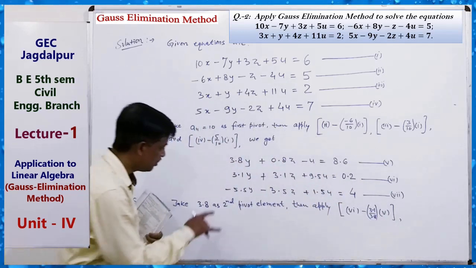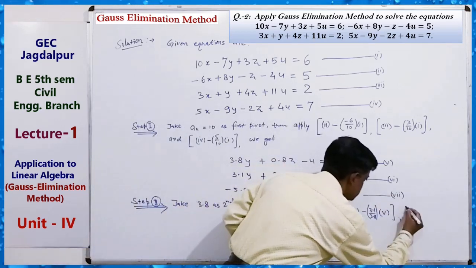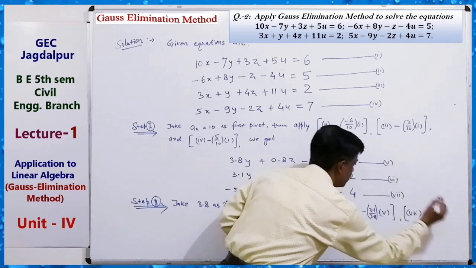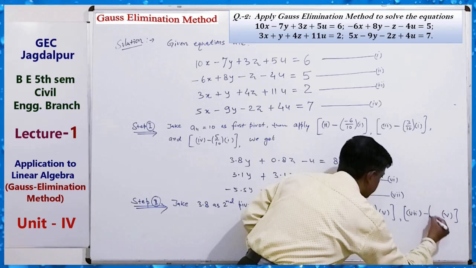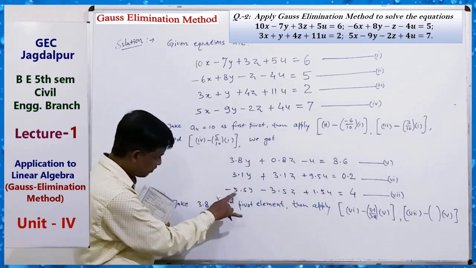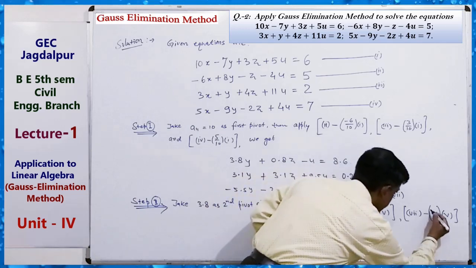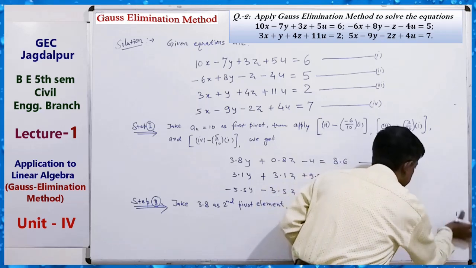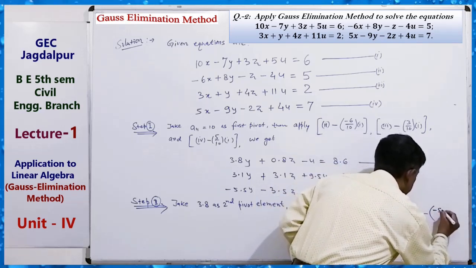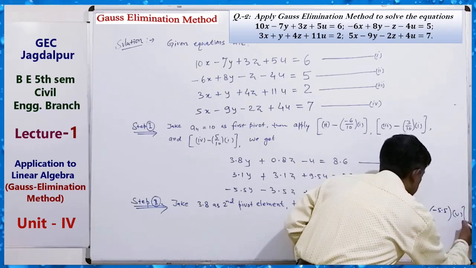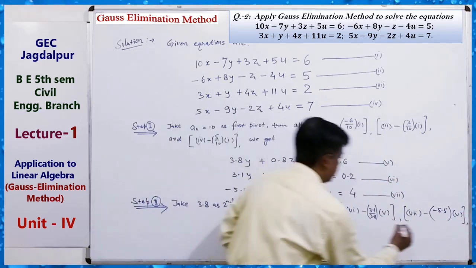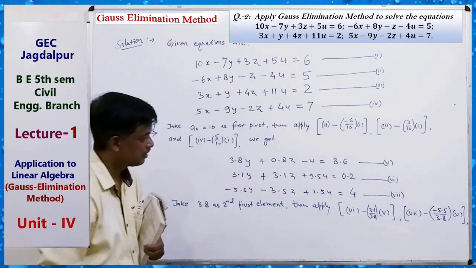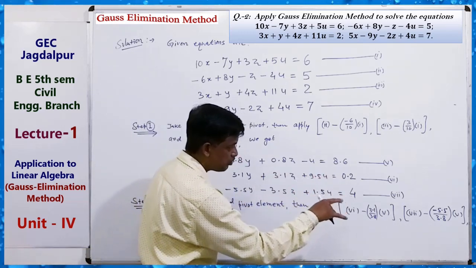Now for equation 7, minus equation 5 multiplied by which? Minus 5.5 by 3.8. Just you have to calculate it. Minus 5.5 by 3.8.